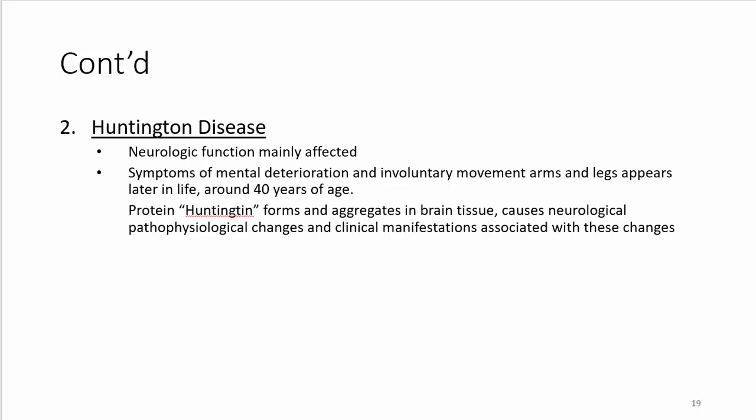Now, chorea is spelled with a C, refers to dancing, and what happens is there's involuntary movement, and this isn't just tremors. This is arm swinging and flailing and leg kicking, and it's quite pronounced.